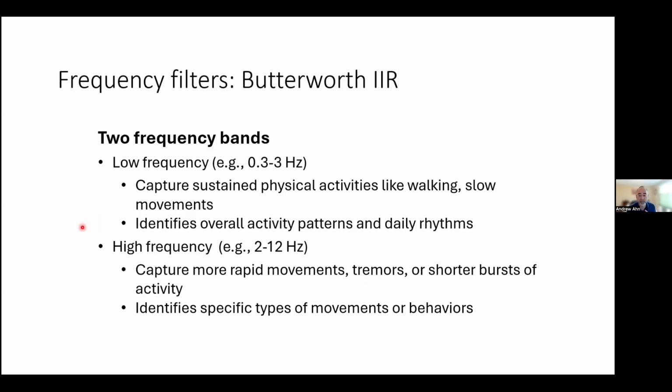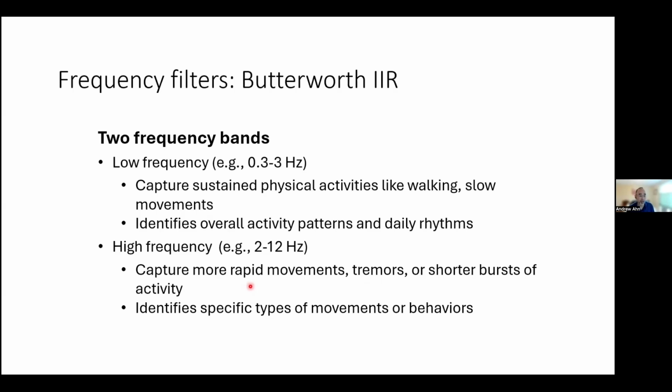But from my physiological understanding, when it comes to movement, it could probably be divided into two frequency bands. One that's lower frequency, from 0.3 to 3 hertz, captures sustained physical activities like walking and slow movement, and identifies overall activity patterns and daily rhythms. The high frequency band, more like 2 to 12 hertz, captures more rapid movements, tremors, or shorter bursts of activity.